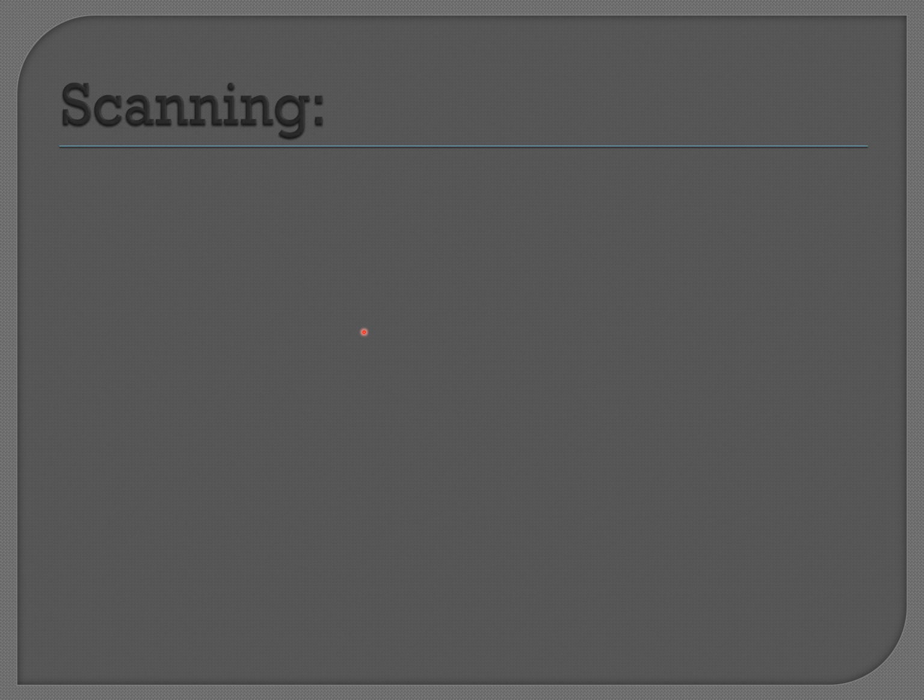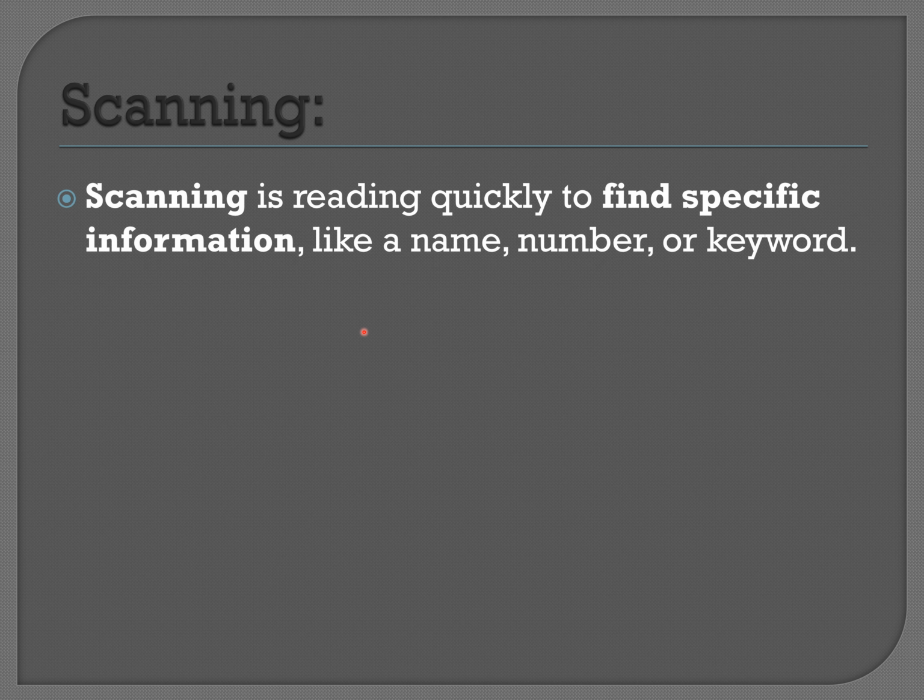Coming on to the next technique, that is scanning. So, what is scanning? Scanning is reading quickly to find specific information like a name, number, or keyword. So, scanning is when you read quickly but you are looking for one specific piece of information.